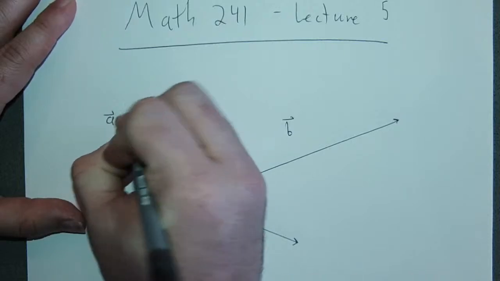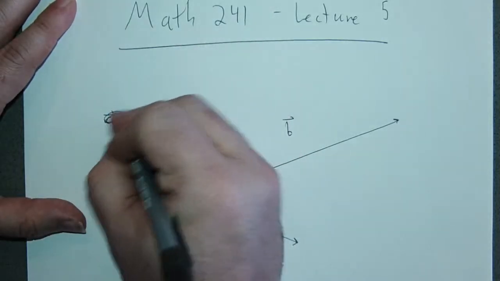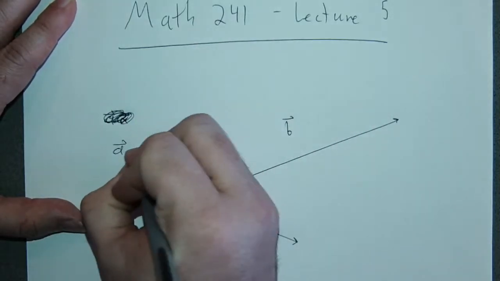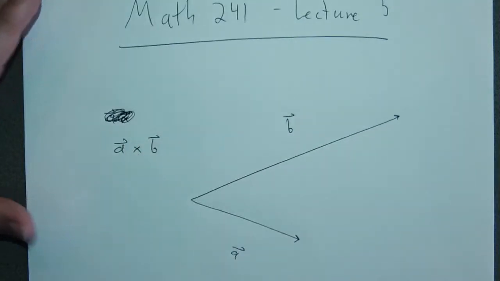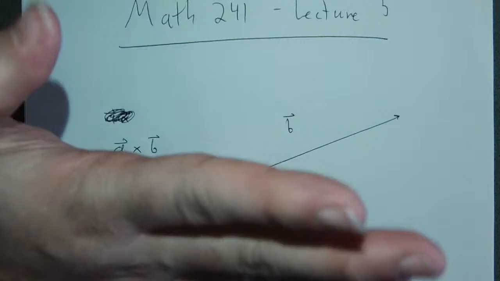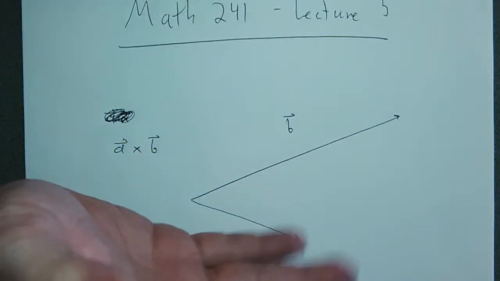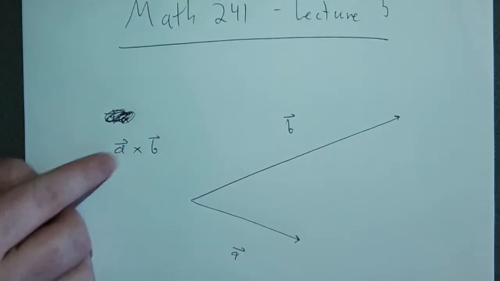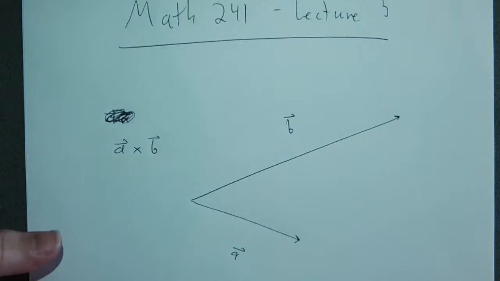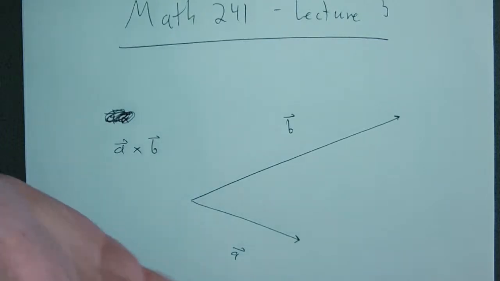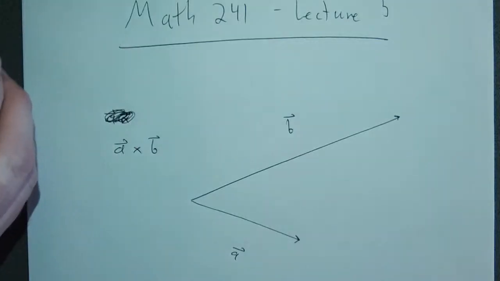So if the thing I want to visualize is A cross B, I take the fingers of my right hand and let them curl from A towards B. Of course it matters. We saw last time that A cross B is not the same as B cross A, so the order matters here. Whether my fingers are going from A to B or from B to A definitely matters.